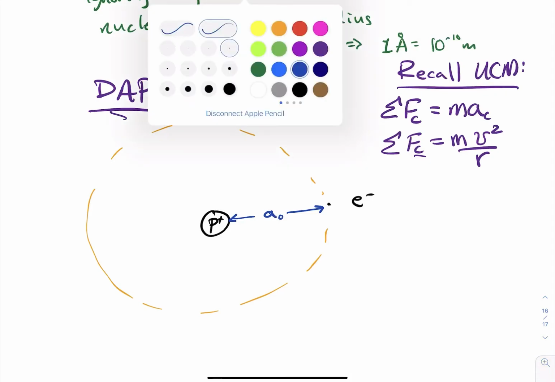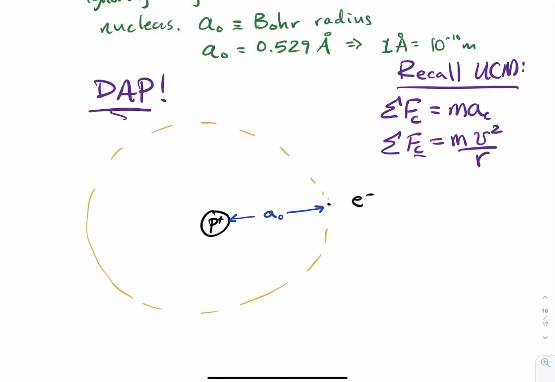And we know that this electron will have a tangential velocity, a velocity that touches the circle at one point, so it's tangential, like so. We also know that the electric force on that electron due to the proton will be attractive because they're opposite charges, and so the electric force will cause a center-seeking acceleration, which is really why we get the nice uniform circular motion. So this is a decent picture.